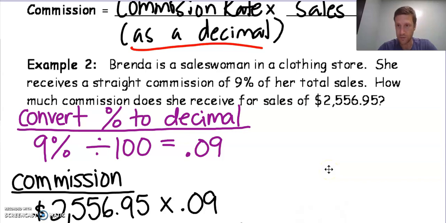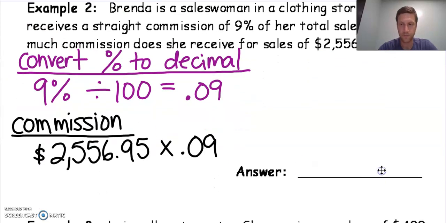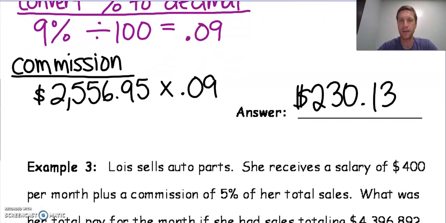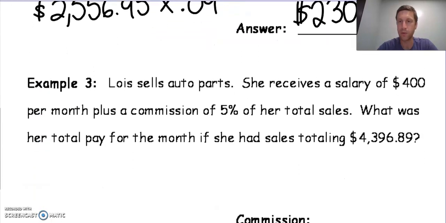So she had sales of $2,556.95. I do that calculation, and we see that Brenda earned $230.13 on her customer. Okay, quick money. Sometimes you get lucky. Sometimes it's a long sales process, but it can be pretty quick to earn money with this.